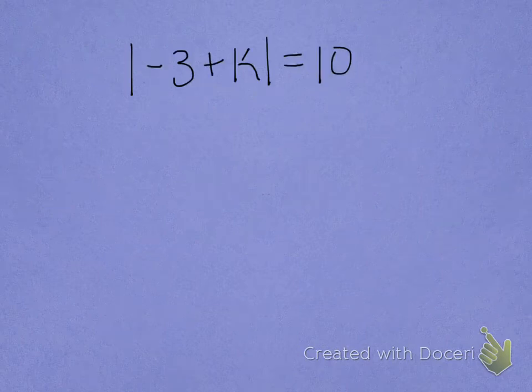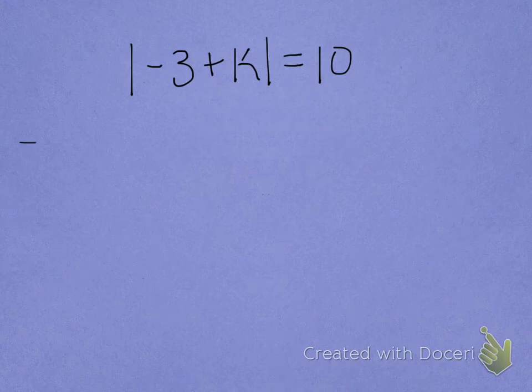So let's look at, again, just a simple one-step equation with the absolute value. Let's say we're taking the absolute value of negative 3 plus k, and that is equal to positive 10. Again, there are two distinct cases that we must consider.